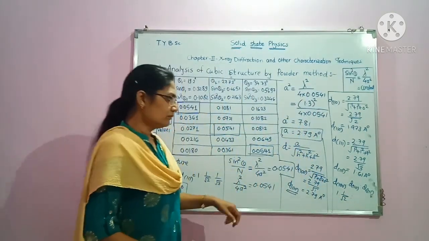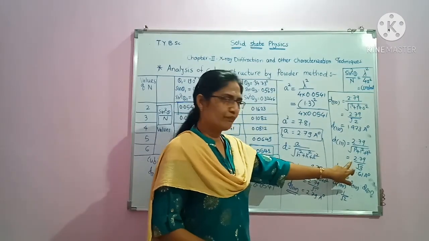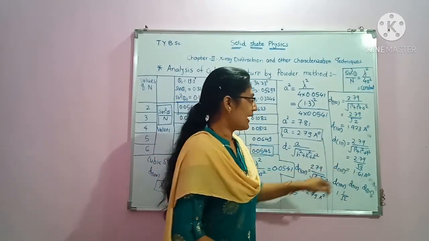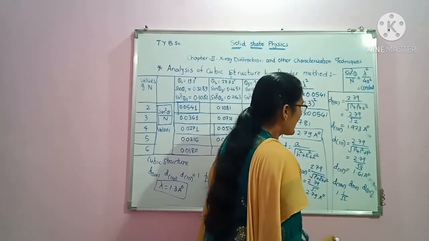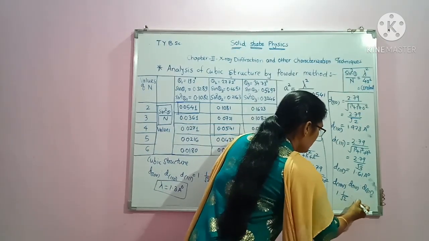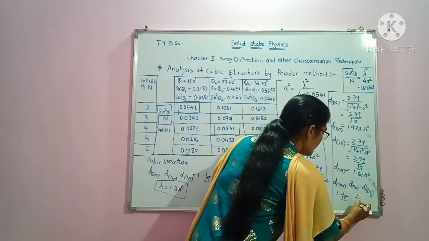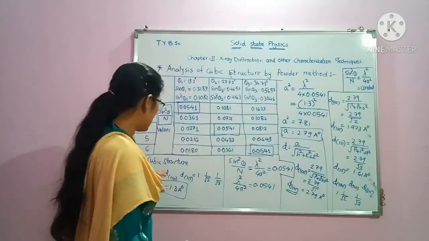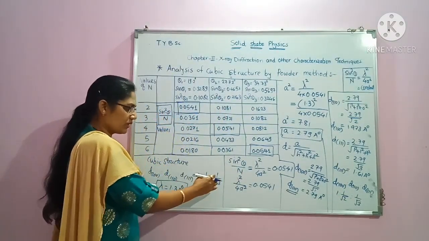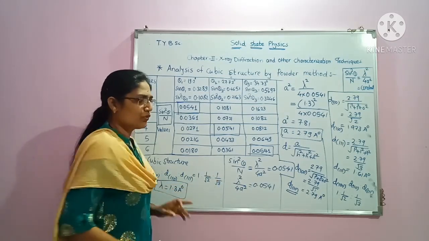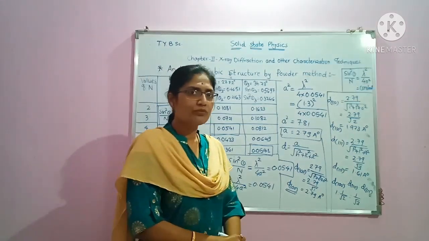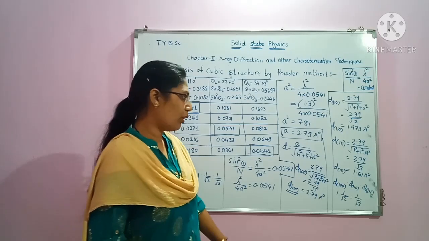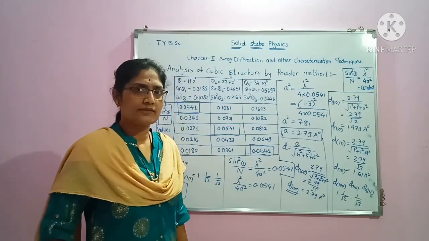And after dividing the third value by 2.79, we will obtain 1 upon root 3. So we have verified that in case of cubic structure, this condition is fulfilled. That is, we have confirmed Bragg's law, the application of Bragg's law in case of cubic crystals.